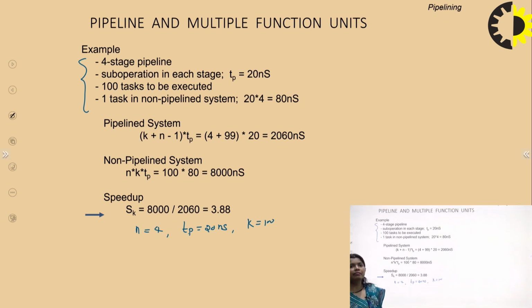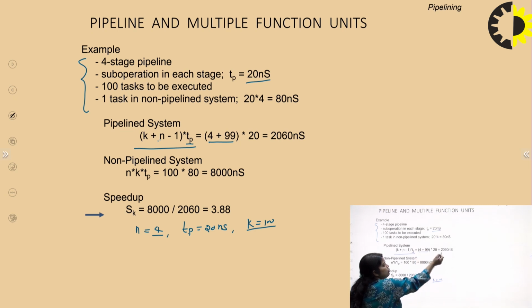Speed up is always the ratio of the non-pipeline system and the pipeline system. For the pipeline system, you can easily calculate with the help of K plus N minus 1 into TP. Here, K is 4, N is 100, 100 minus 1 is 99, so 4 plus 99. And TP for the pipeline system is 20 nanoseconds for each task, so into 20.